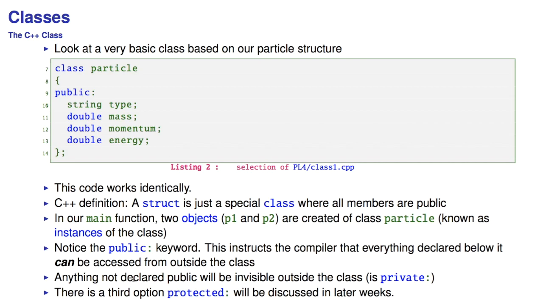Anything not explicitly made public will be invisible outside the class, and that's usually called private. There will be a third option, which we'll see in later weeks, which is called protected. So the three P's, public, private, or protected, they're all P words, and that's exactly how it works.